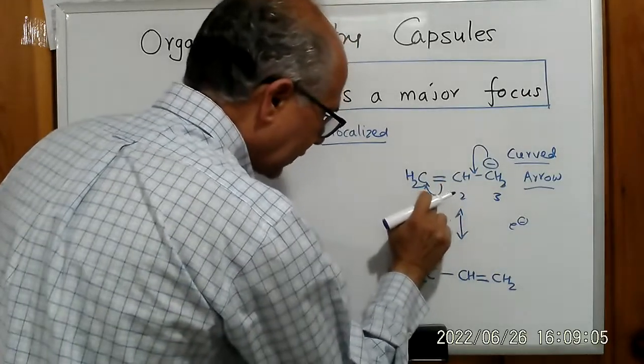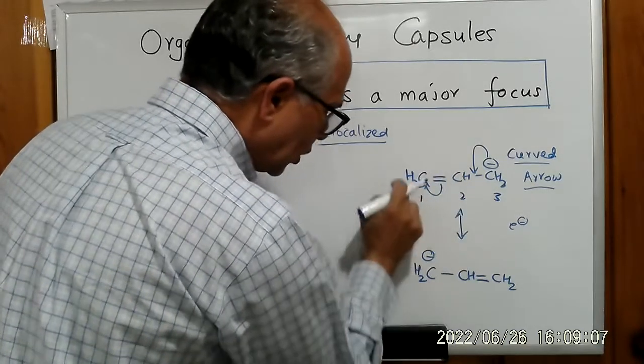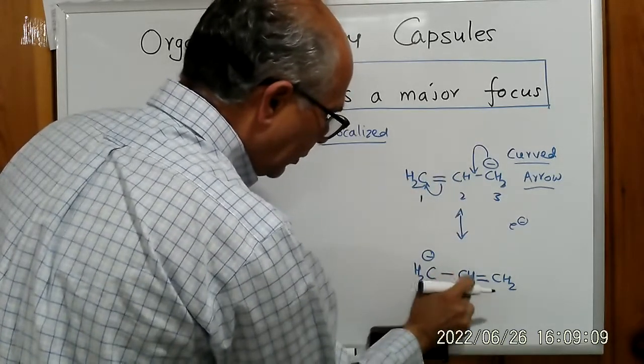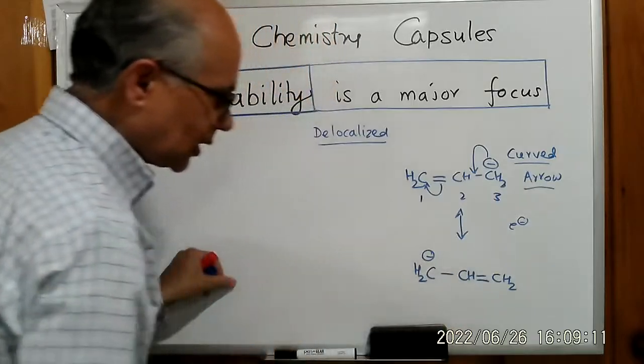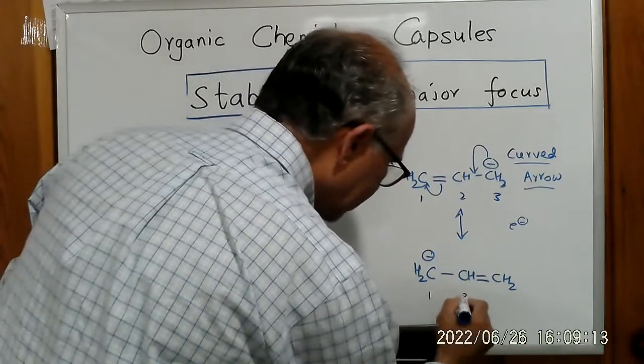That is what this arrow represents. This double bond moved to carbon 1, so that double bond becomes a single bond. So 1, 2, 3.